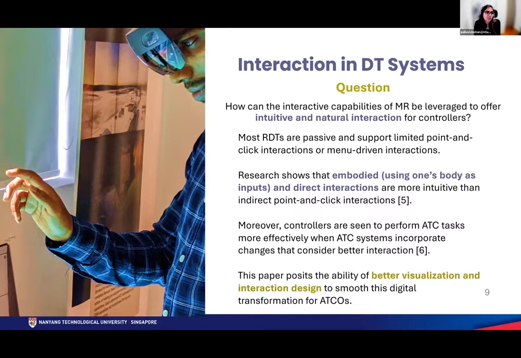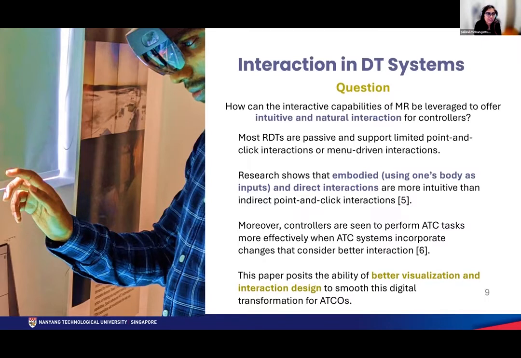Now, we have seen that most digital towers offer limited interactions, point and click, menu driven, but research shows that embodied interactions, which means using one's own body as inputs, hand or eyes or whatever body part, and direct interactions rather than indirect point and click interactions are more intuitive.